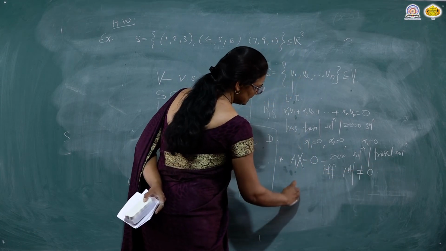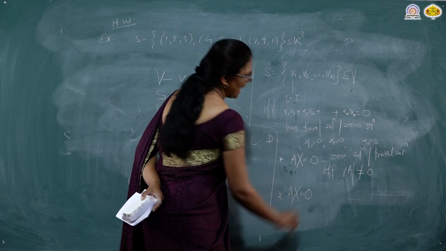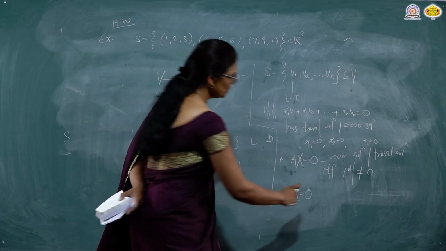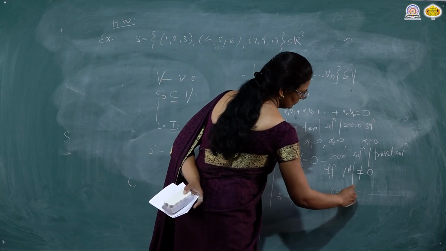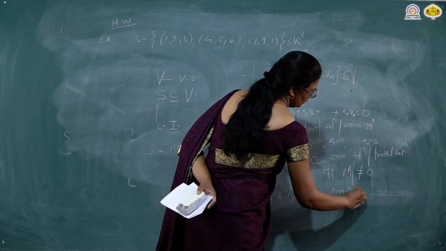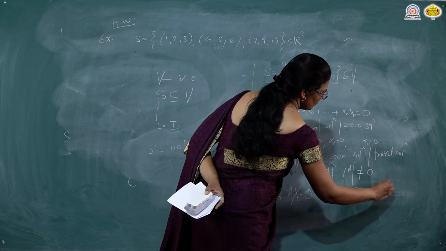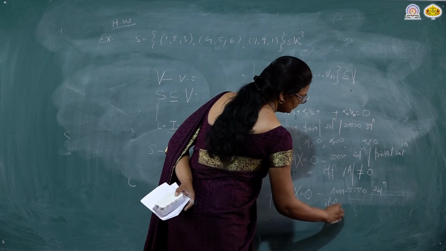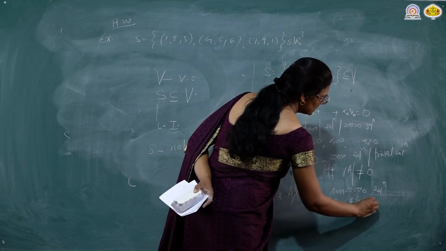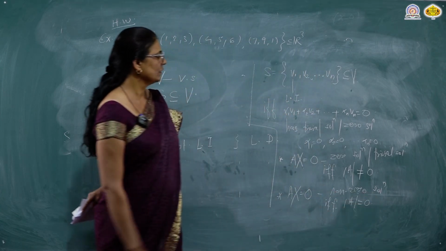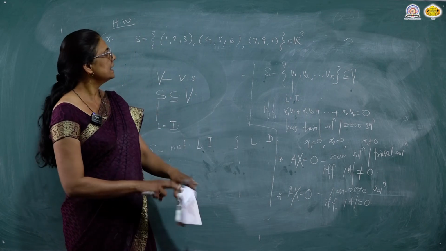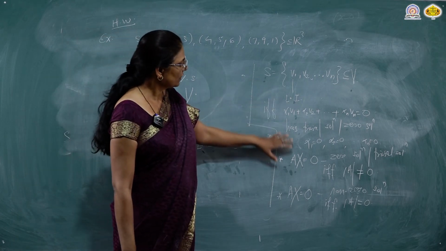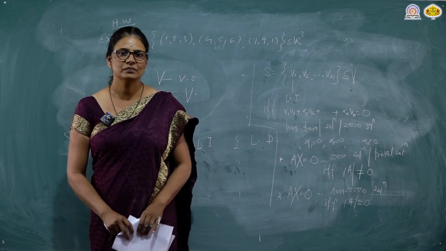The next result is that this system has a non-zero solution if and only if the determinant of A is equal to 0. In solving problems, you can use these two results.